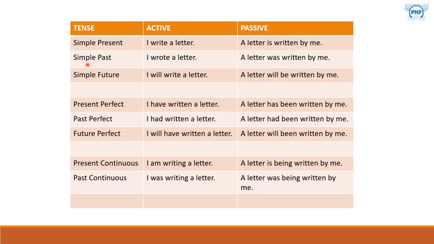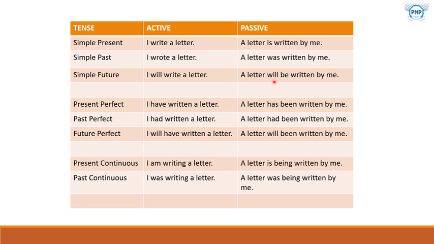Second example, simple past. I wrote a letter. Here also, a letter was. Since this one is a simple past, it changes to was, and everything remains the same. Rest everything remains the same. Simple future. I'll write a letter. In that particular column we had seen, we use the be form for future.